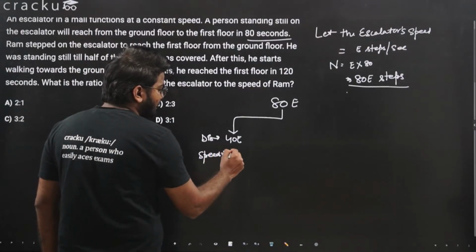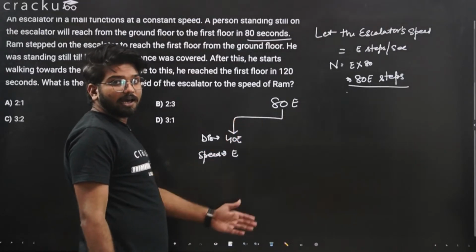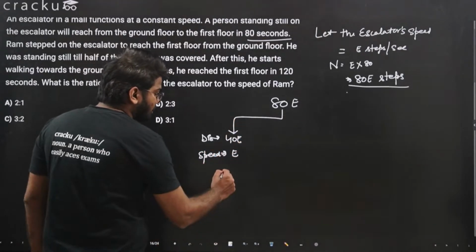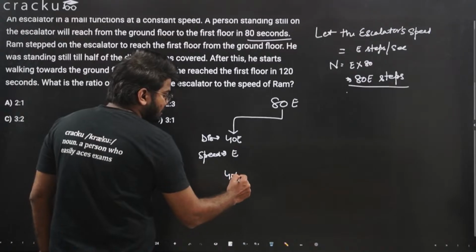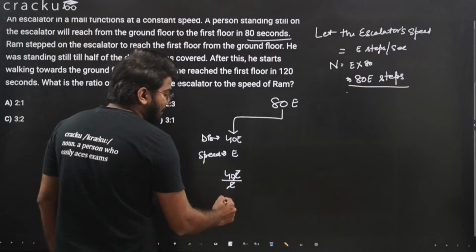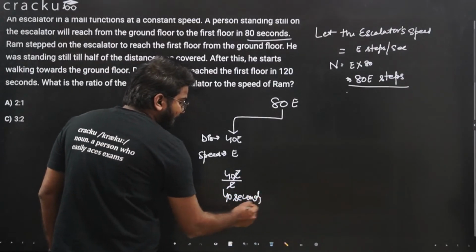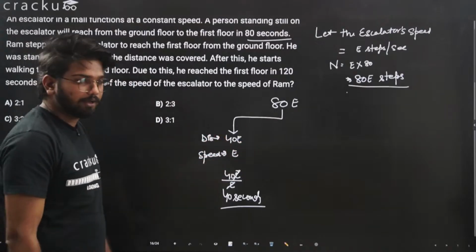So the time taken to reach the half point will be distance divided by speed, so 40 seconds. So Ram will take 40 seconds to reach the half point.